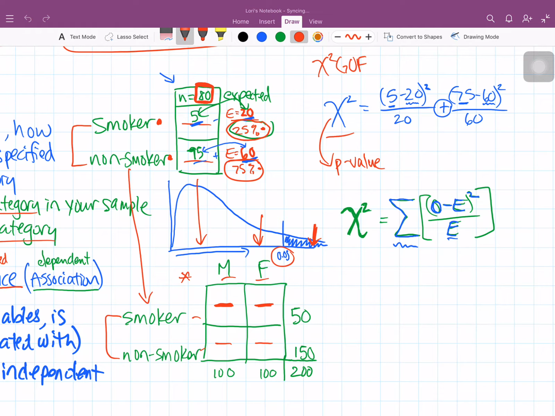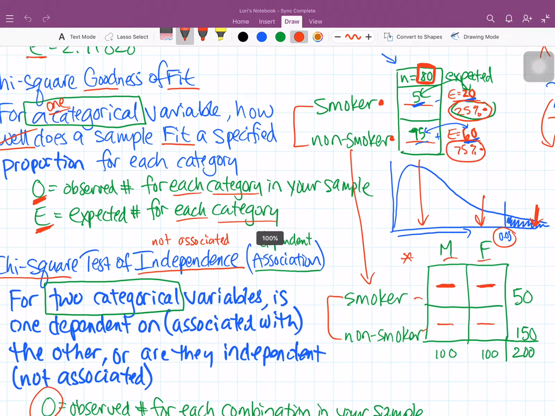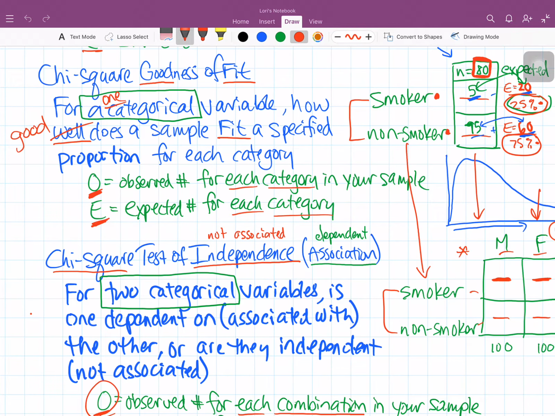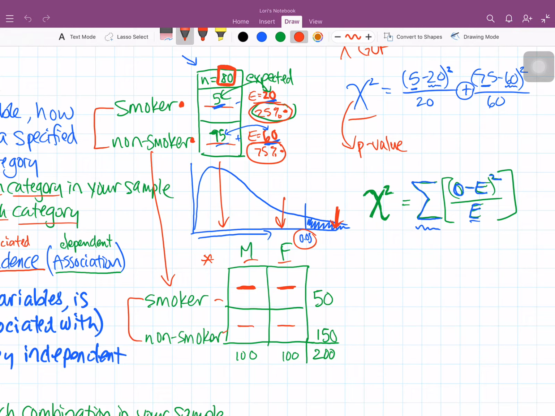What we're looking at here with the chi-square test of independence is whether two categorical variables are dependent on one another. Another way of saying that is I want to test whether men and women are equally likely to be smokers, or test whether the proportion of men and women who are smokers is the same.